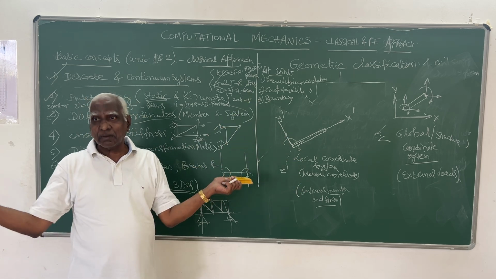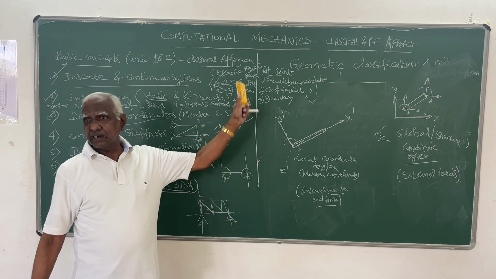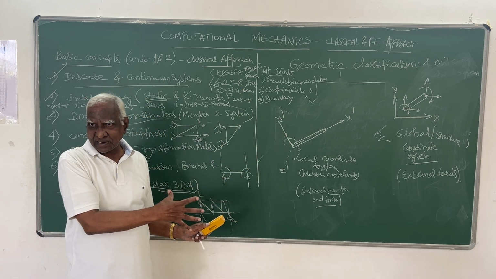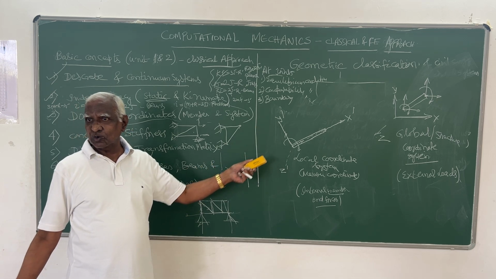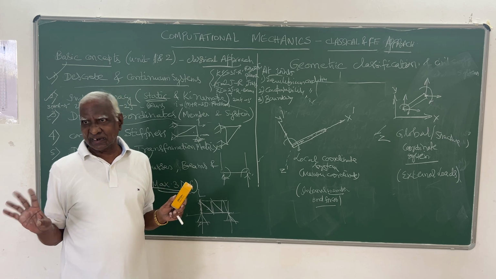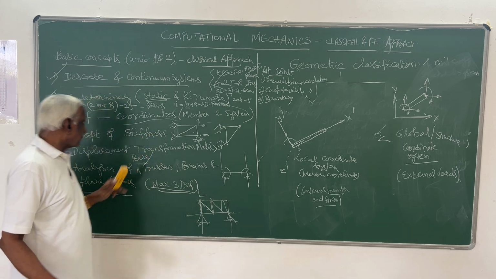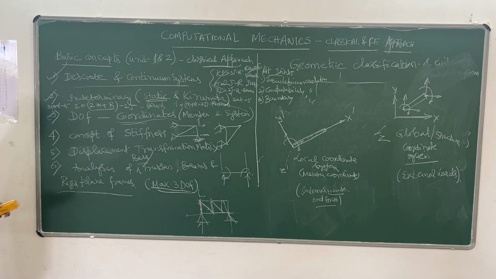Internal forces that develop, that is the internal axial force, shear and moment in planar structures, or in space structures 6 internal forces, we have to consider along the local directions. That is this coordinate system.